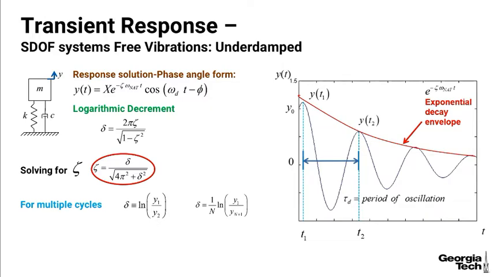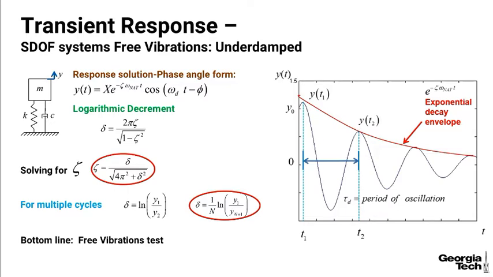So for instance, if you're taking 100 cycles where it decays down, n equals 100, and so you're taking the natural log of that peak amplitude at y1 divided by the amplitude of the 101st peak, which is a lot easier to measure a difference between.